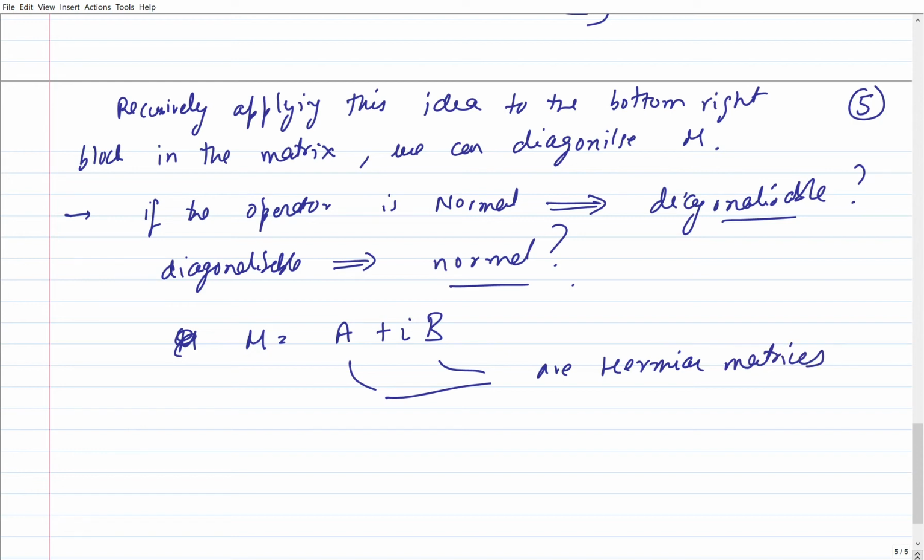Okay, so now what do we do? What does the fact that these matrices are diagonalizable yield?